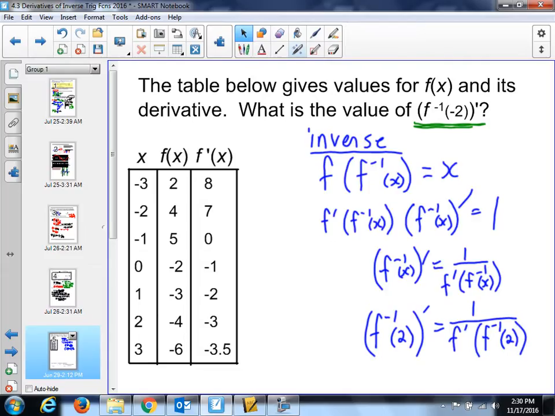All I've done is just replace x with 2, right? So far I haven't done anything, have I? Does that make sense, what I just did? Now what does this mean? And how am I going to use this table of values to help me do this?